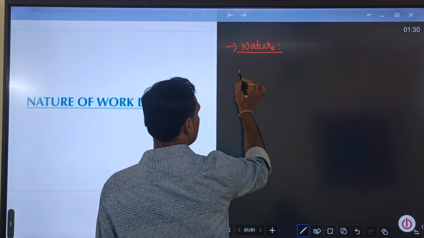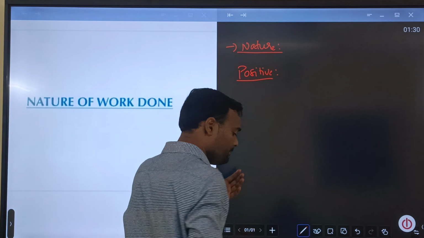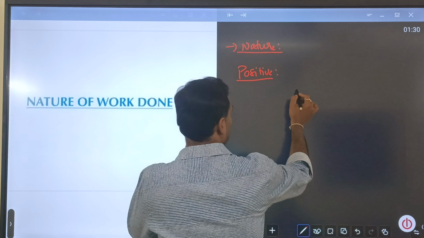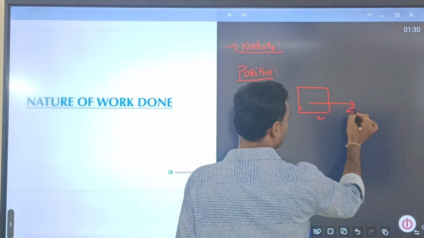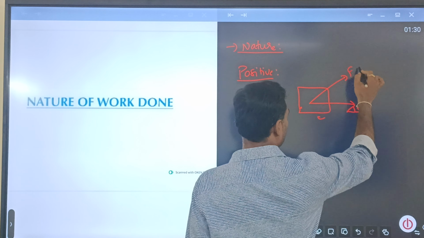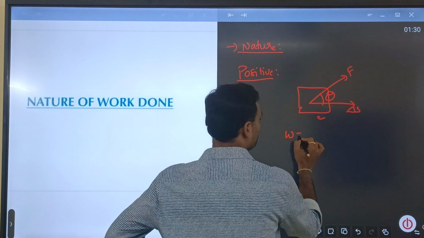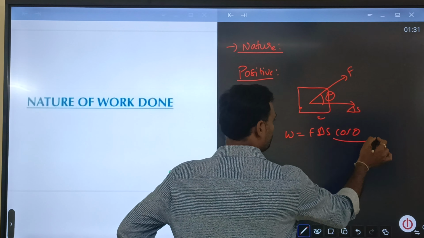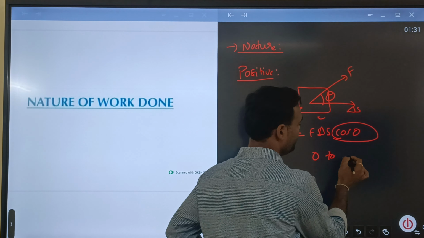First one is positive work done. What is positive work done? See, positive work done means, suppose an object is present and displacement is in the rightward direction, and force is like this, and if they are having an acute angle, obviously W is equal to F delta s cos theta, and cos theta will have a positive value from 0 to 90 degrees.